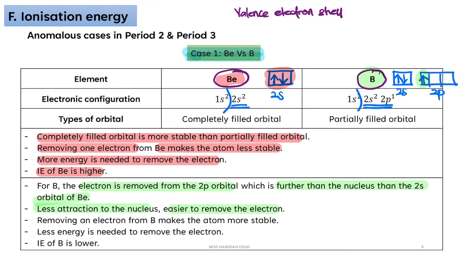Okay. Furthermore, when we remove the electron at the 2p orbital, it will make the atom more stable sebab tinggal di 2s saja bah. So less energy is needed to remove the electron. Therefore, the ionization energy of boron will be lower.